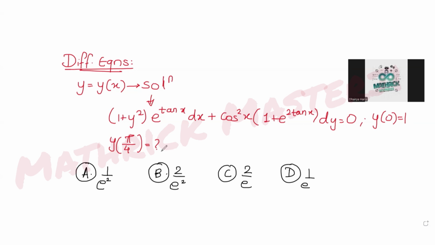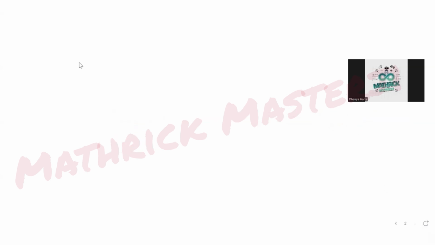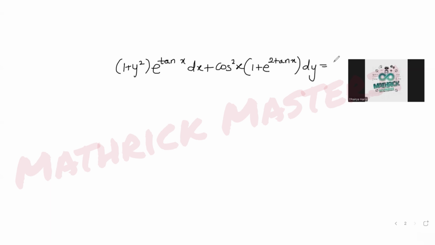So let's see how to solve this further. If I try to write my differential equation, it says (1 plus y square) e raised to tan x dx plus cos square x (1 plus e raised to 2 tan x) dy equals 0.